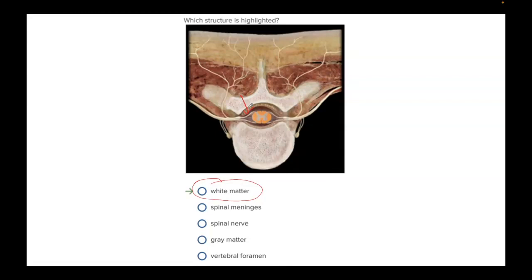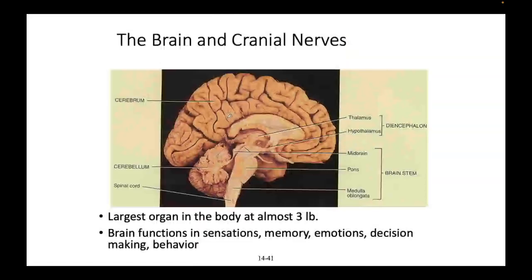Since this is the spinous process and this is the vertebral body, this is anterior, and everything back here is posterior. This neuron is your dorsal nerve root, or dorsal root. This is your ventral root. This is your spinal nerve. So your spinal nerve has sensory and motor neurons. Okay, when we come back, we will talk about the brain.